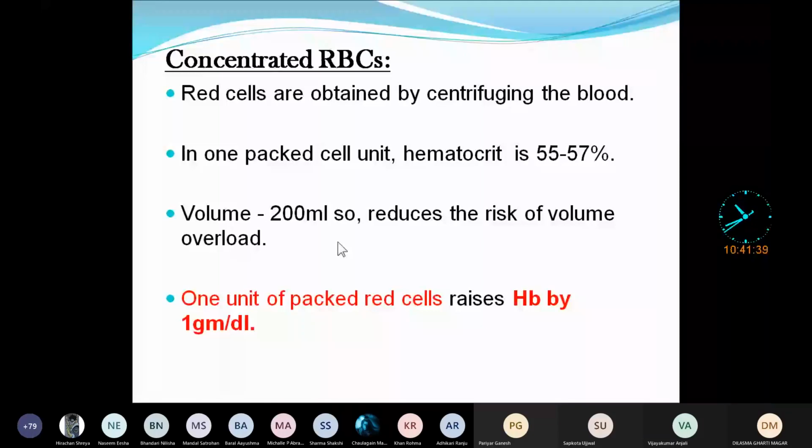So now we will remove whatever plasma is there, and in that concentrated RBC we will keep only about 50 ml of the plasma, so that the RBCs don't become so thick when they have to pass through the tubes, and there will not be stagnation of the RBCs. That's why we keep 50 ml of the plasma in the concentrated RBC or packed cell volume.